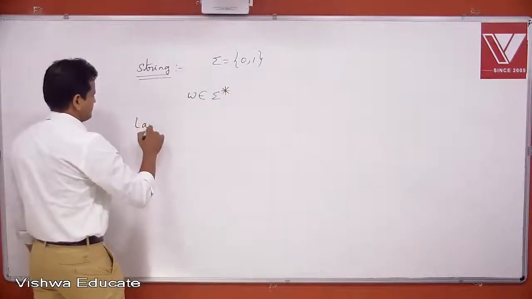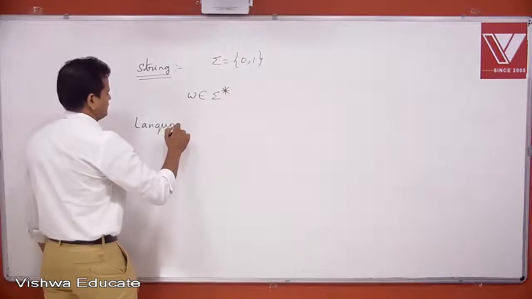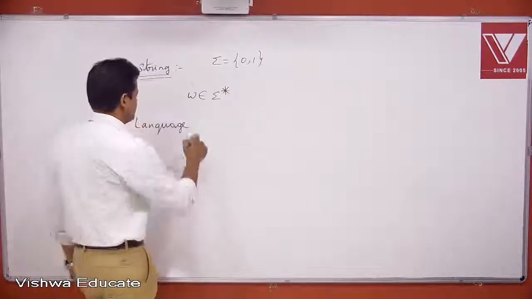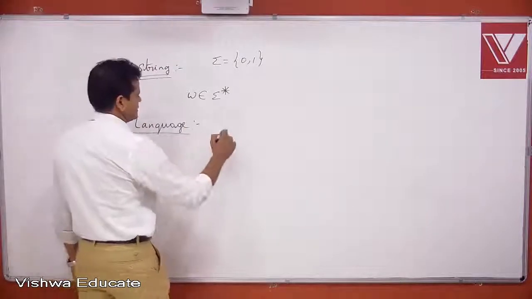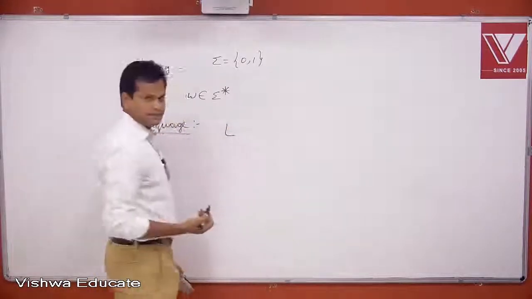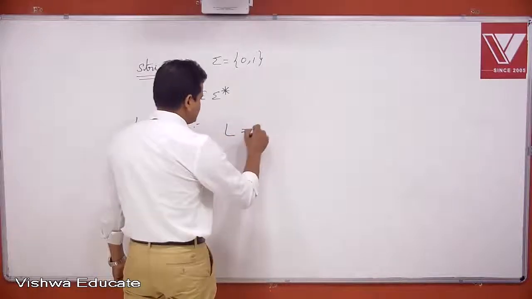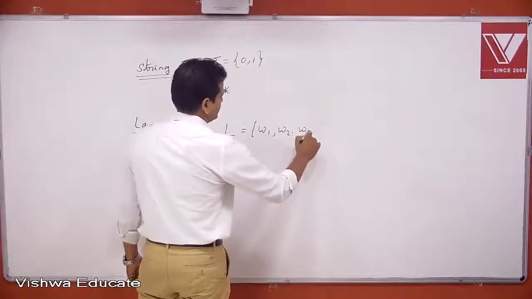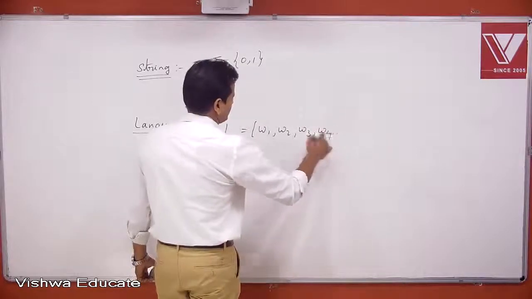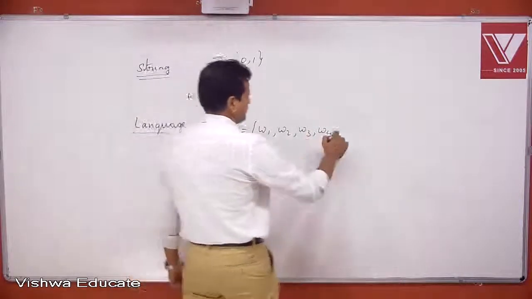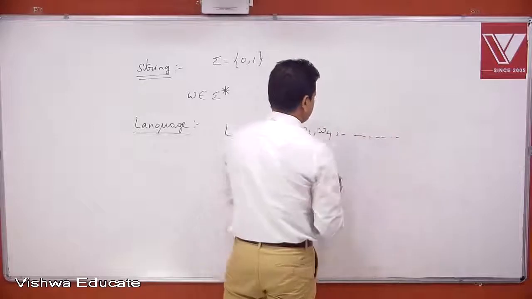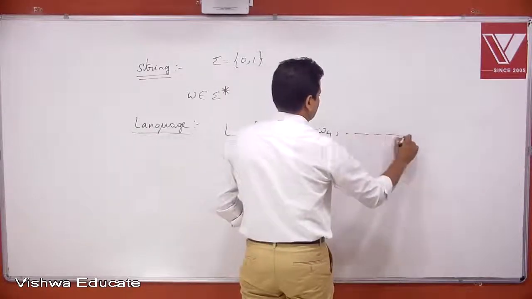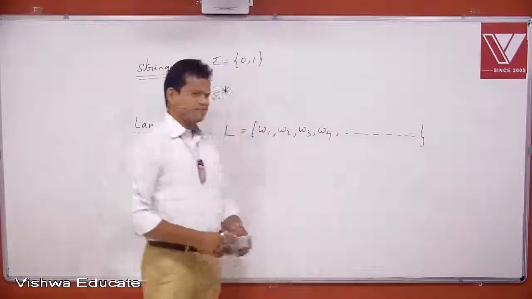Language. Generally, the language we represent with capital L. A language is a set of strings W1, W2, W3, W4, and so on. See, I repeat.